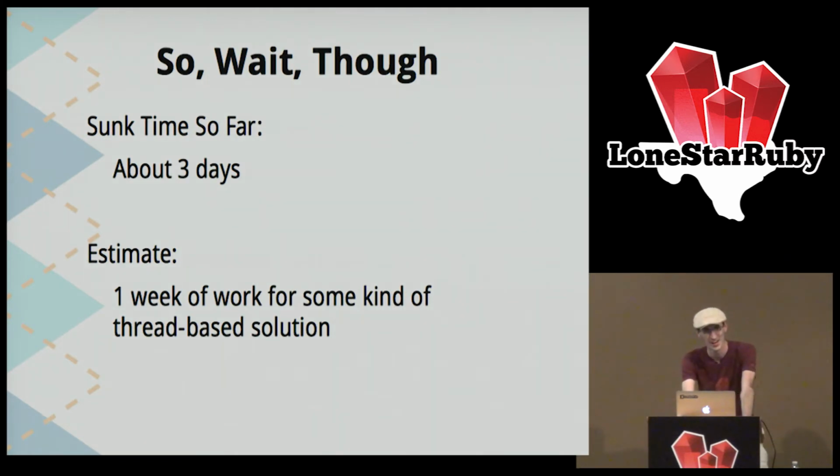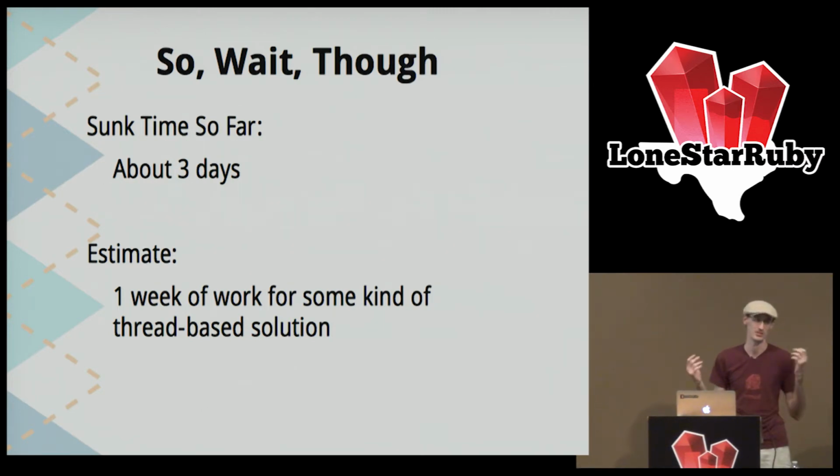So we've been talking about the application's performance, and I had sunk about 3 days into it at this juncture, and I was wanting to think about my performance because, of course, developer time is valuable, and there's an opportunity cost. When you choose to do one thing, you're not doing something else. I'd heard about these things called threads, and that you could do stuff in parallel and it would be faster, but I didn't know anything about it.